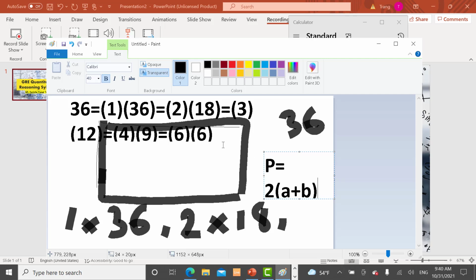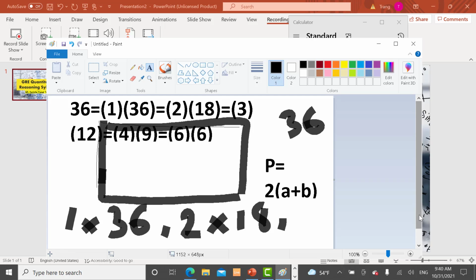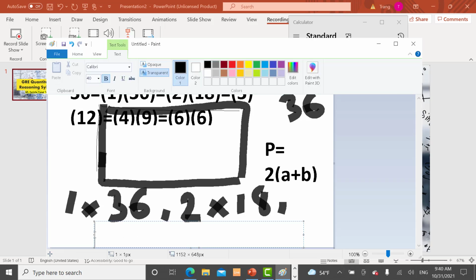So quantity A is 5, and quantity B is given as 6. So it's clearly shown that B is greater, because 6 is greater than 5.